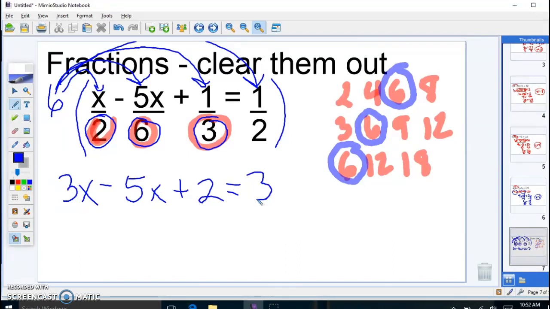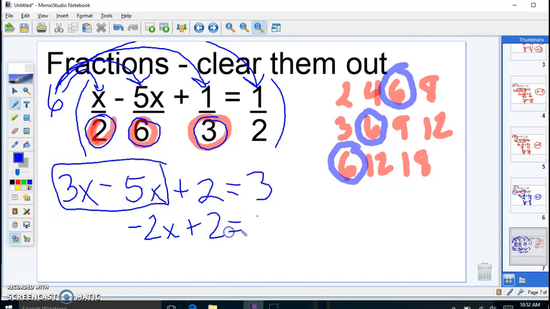What we're going to do is solve this by combining our like terms. 3x minus 5x is negative 2x. We have plus 2. We have equals 3. We're going to subtract 2 from both sides. This cancels. We're left with negative 2x is equal to, and 3 minus 2 was 1.